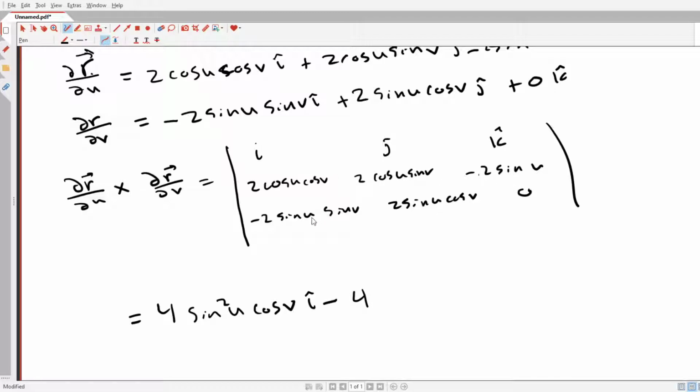This should be negative, so I have minus 4 sine squared u sine v. And then if I cross out k, what do I have?